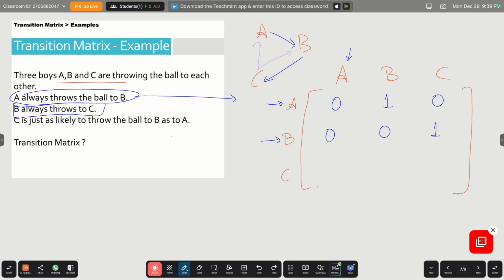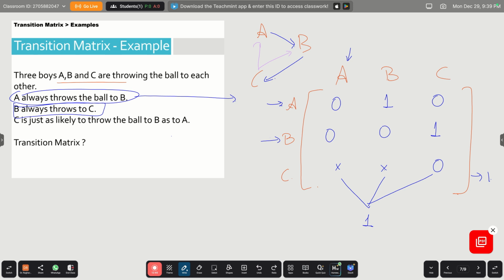C is just as likely to throw the ball to B as to A. That means with equal probabilities. One observation is that the sum is going to be 1, because it's going to be a stochastic matrix. C will never throw to C, so it will be 0. So he will throw to A and B with equal probabilities. So this sum should be equal to 1. So what is going to be the equal probability with sum 1?